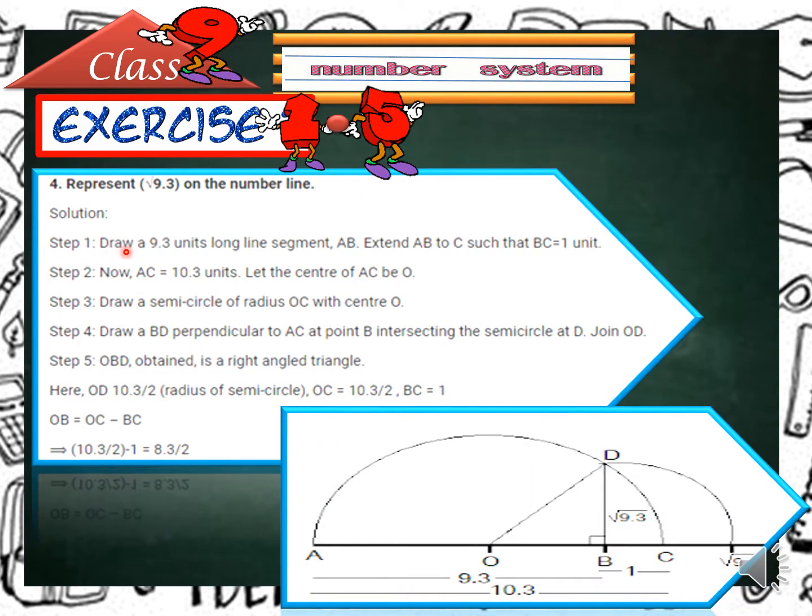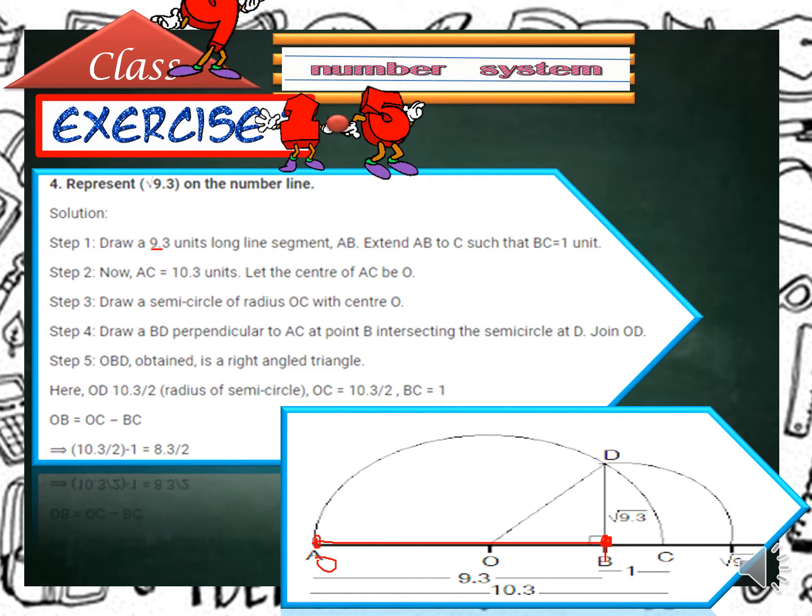Solution. Step 1. Draw a 9.3 units long line segment. You know what a long line segment is: we have to draw 9.3 using a scale and pencil. Take a point 0, from that mark 9.3 and keep a point.